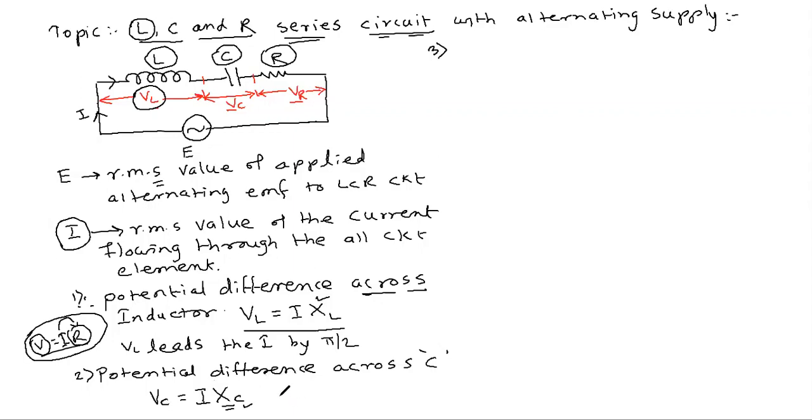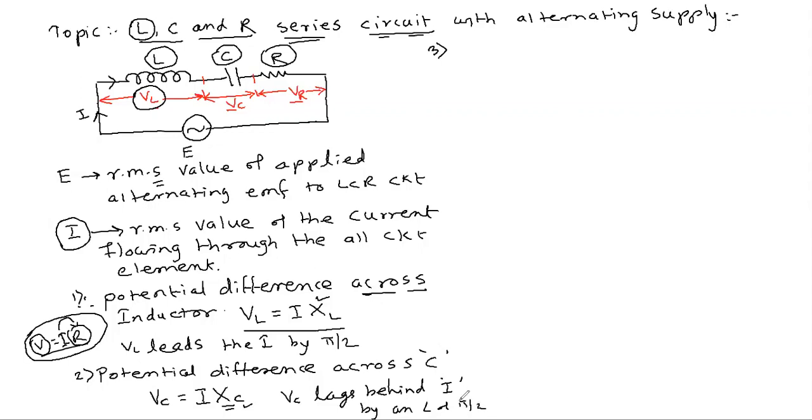The potential difference V lags behind the current by an angle of pi by 2.